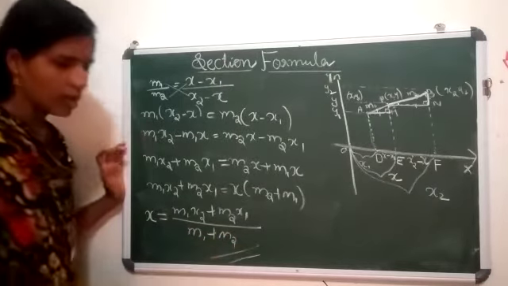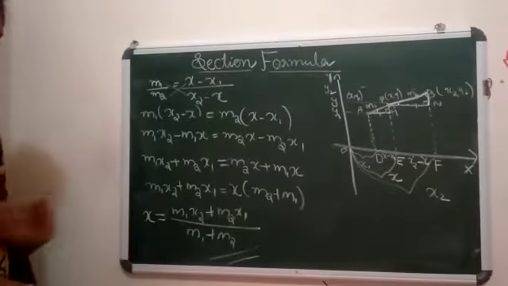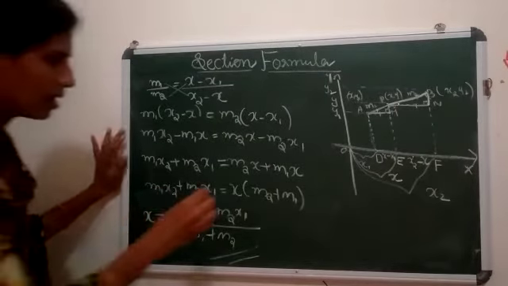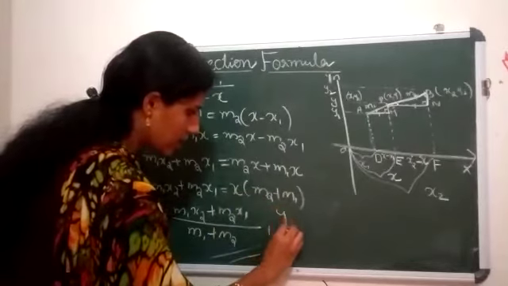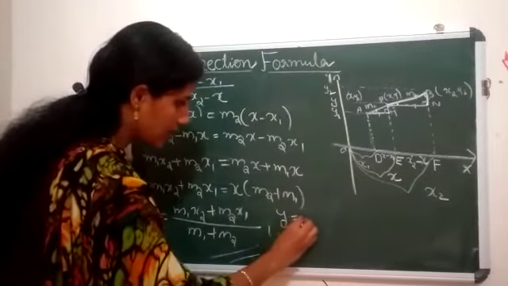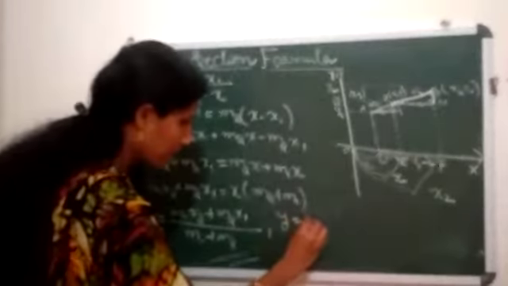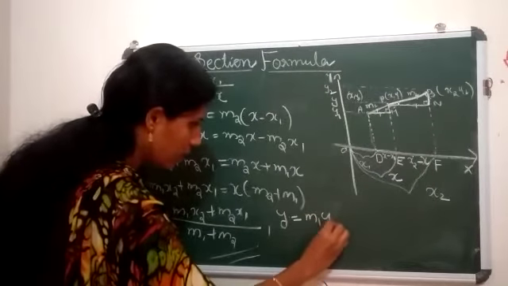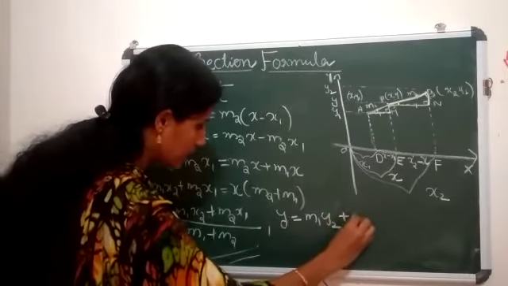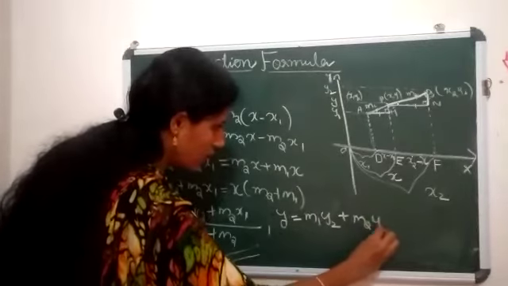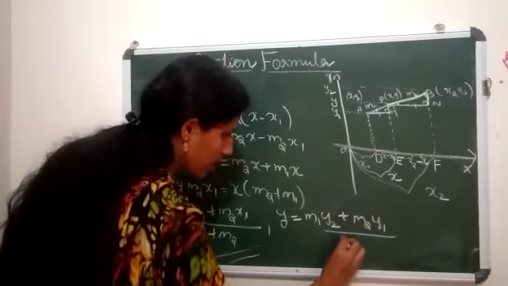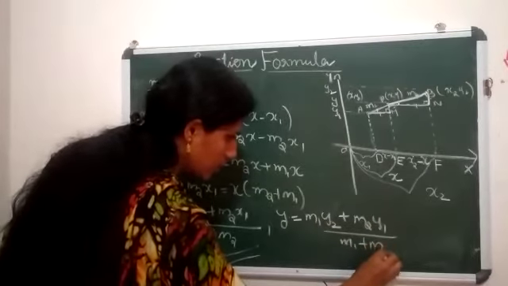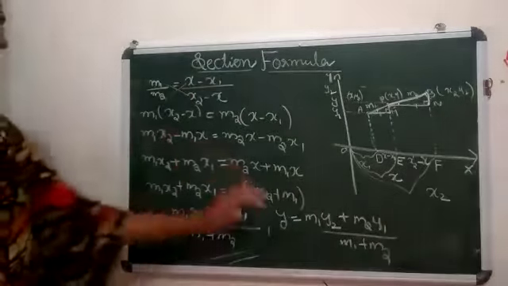This is the equation for finding the x coordinate. In the same way we get y is equal to m1 y2 plus m2 y1 divided by m1 plus m2. This is the equation for finding the y coordinate.